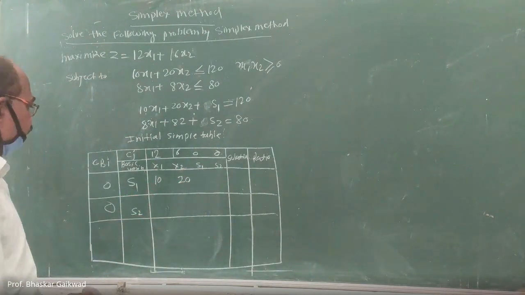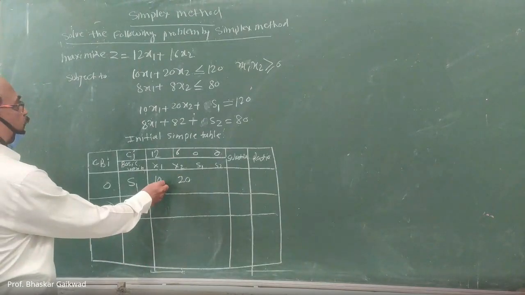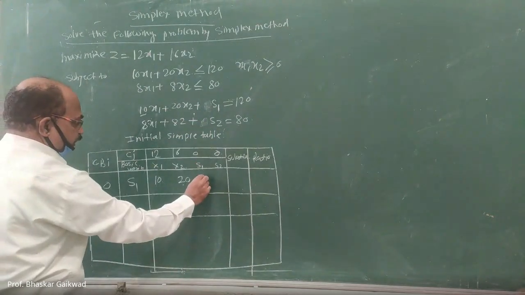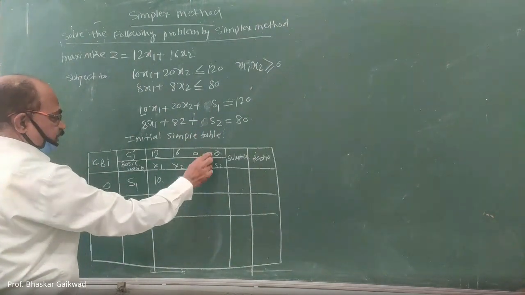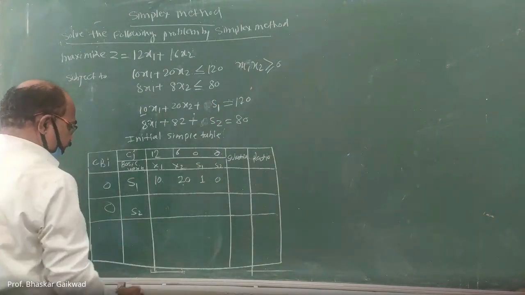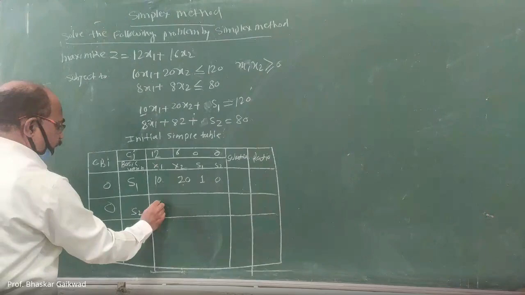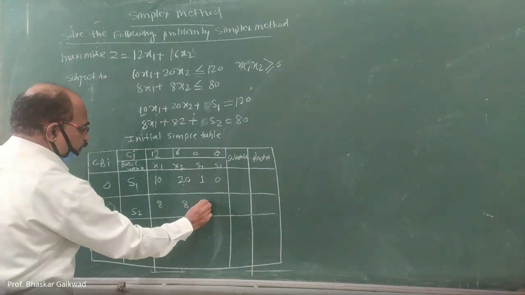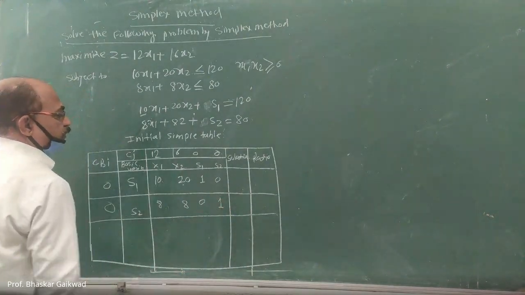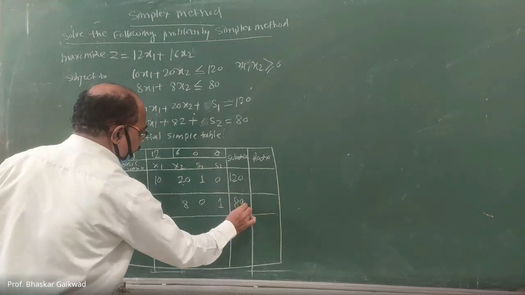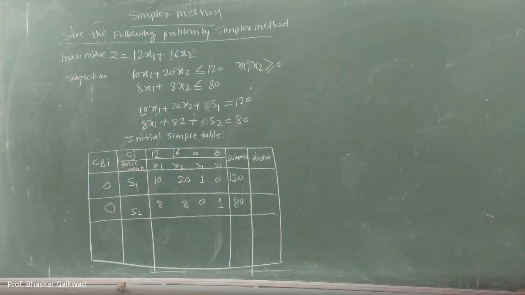You can write here 10, 12 and 1. In the first equation there is no S2, so it will be 0. Similarly for the second, 8, 0 and 1. So this is 20 and this is 80. So this is the first table.